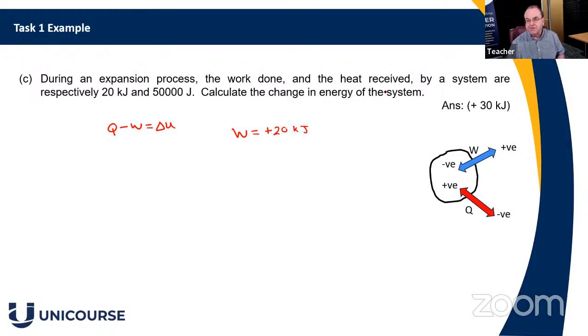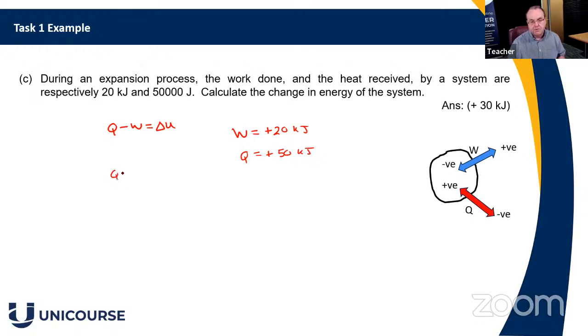The heat received is 50,000 joules. So Q is equal to, and it's received by the system, so that means it's positive, so it's plus. I'm changing to kilojoules, so they're all in the same order. So we have 50 kilojoules there.